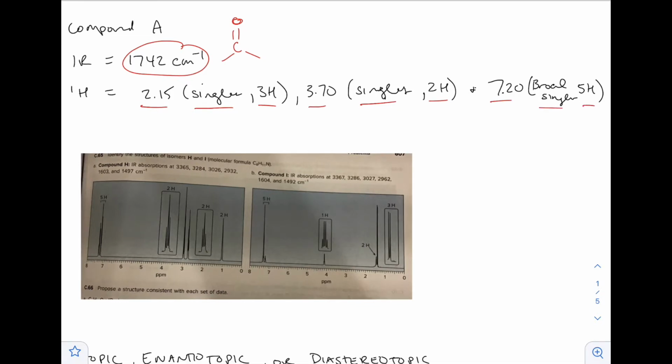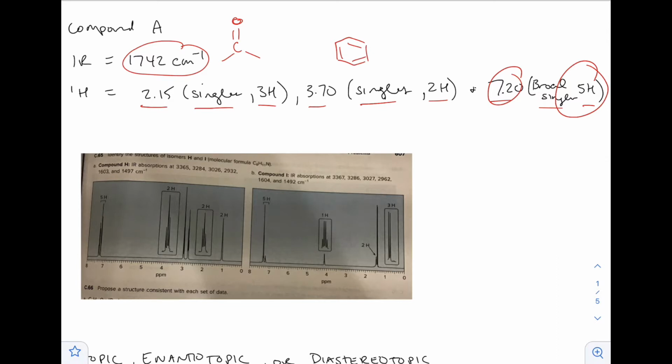The thing that screams out to me the most is this 5 hydrogens in the 7.2 region. What that tells me is I have a substituted benzene ring.